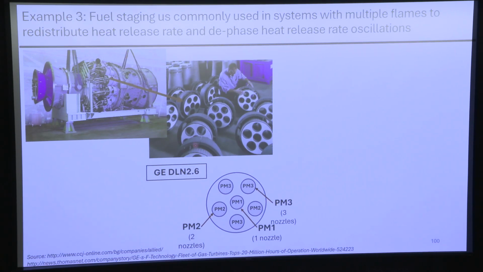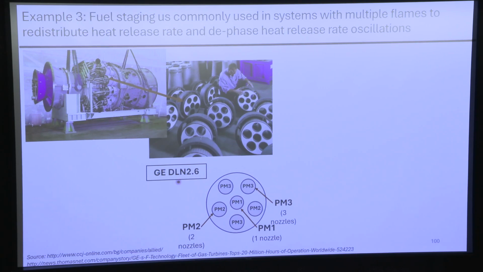And so this is a GE F-class engine. And if you look at each of these cans, the head end looks like this. It's called a 5-around-1 configuration. You have 5 nozzles around a center nozzle. And typically, these have 3 different fuel circuits, PM1, PM2, PM3. And you can see how they're broken up here.